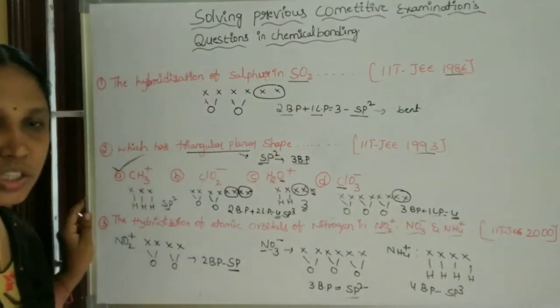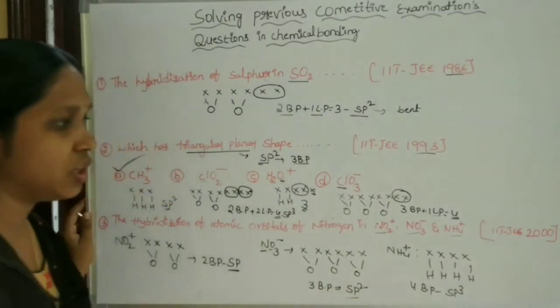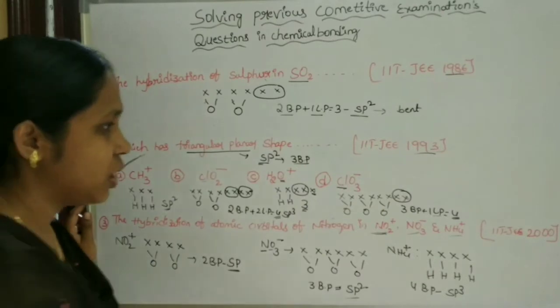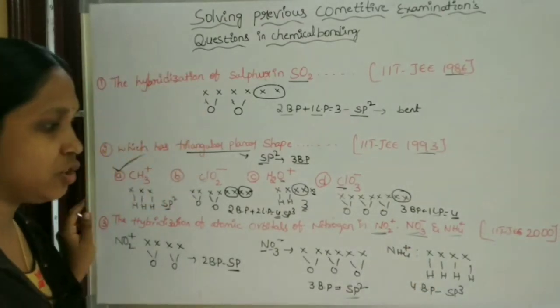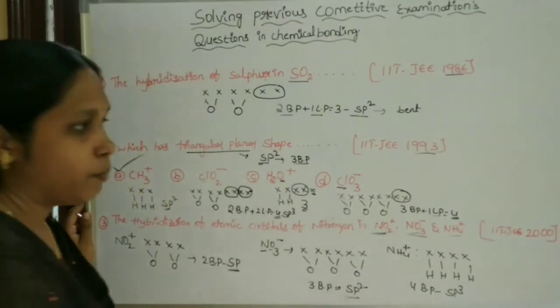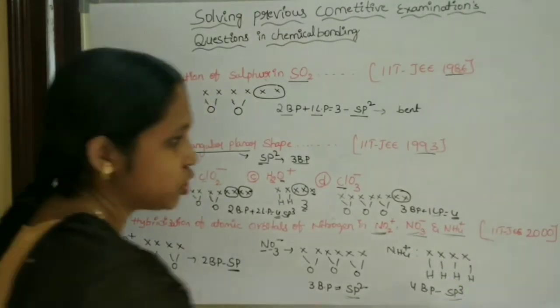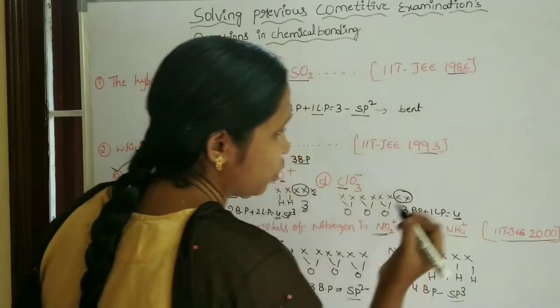So in NO2 plus nitrogen is sp hybridized, in NO3 minus nitrogen is sp2 hybridized, and in NH4 plus nitrogen is sp3 hybridized. The question was asked in IIT JEE 2000.